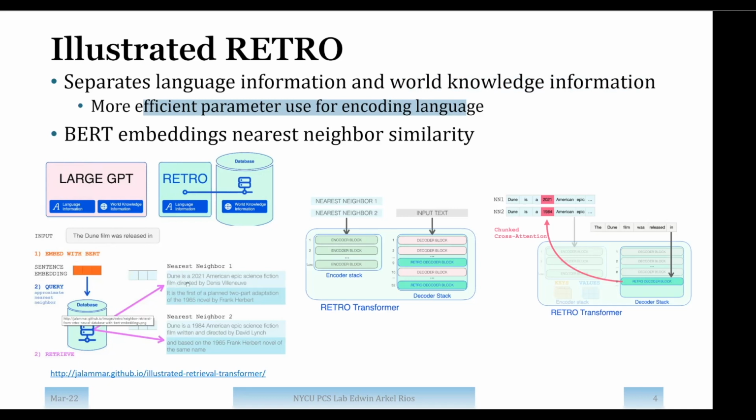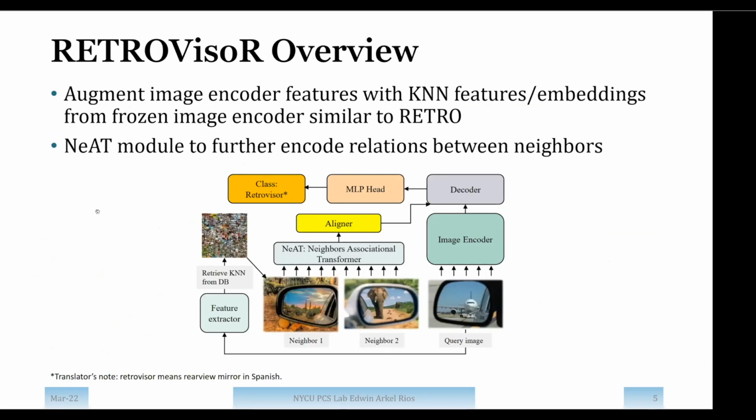In this case, something like "Dune is a 2021 American epic science fiction", or "Dune is a 1984 American epic science fiction film". Then they take these neighbors along with the original query and pass them through a transformer. In this case, it follows an encoder-decoder architecture, and this way it is able to do better language generation. And then they also use it in a lot of downstream tasks, and it obtained very good results.